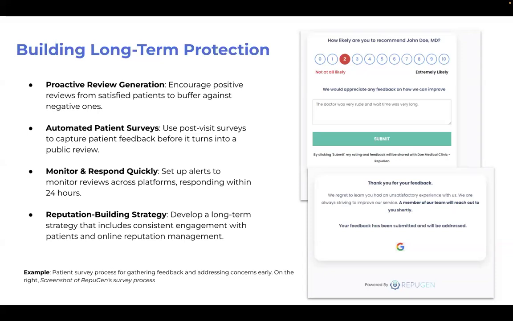And then you'll want to implement some sort of reputation building strategy. So develop a long-term strategy that should include consistent engagement with your patients and ongoing management of your online reputation. Keeping your reputation strong just requires continuous effort. So regularly engage with your online reviews and feedback to just maintain your positive visibility.